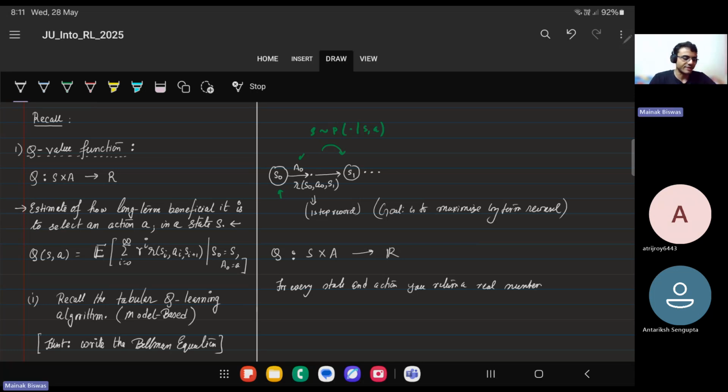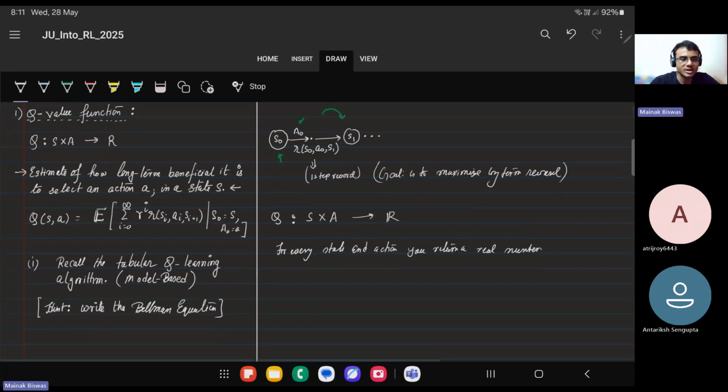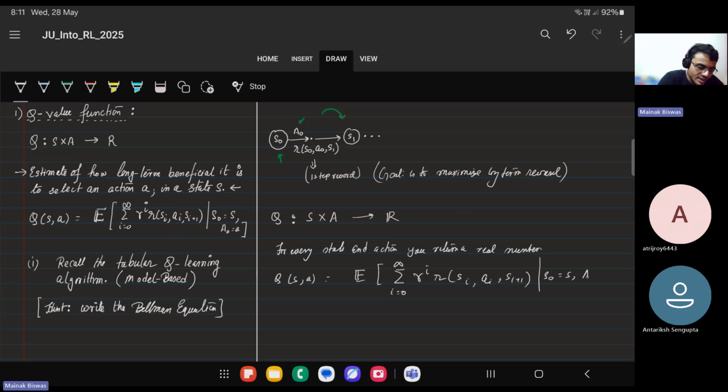This is the definition of the function, and it is defined by this equality: the expected value of the discounted reward, sum over i equal to 0 to infinity, gamma to the power i, reward of S_i, A_i, S_{i+1}, given S0 is equal to s and A0 is equal to a. Okay, so this was our Q value function.